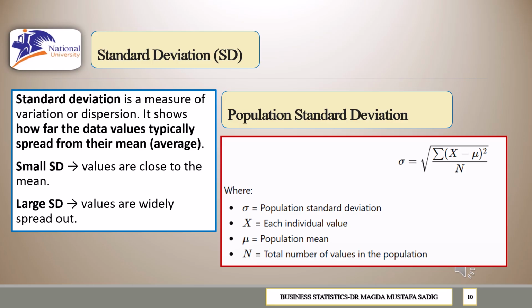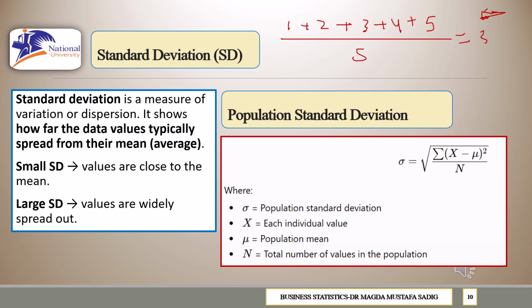For example, if we have the values 1, 2, 3, 4, 5, let us take it up to 15 and then we find the mean, divided by 5, it is 3.